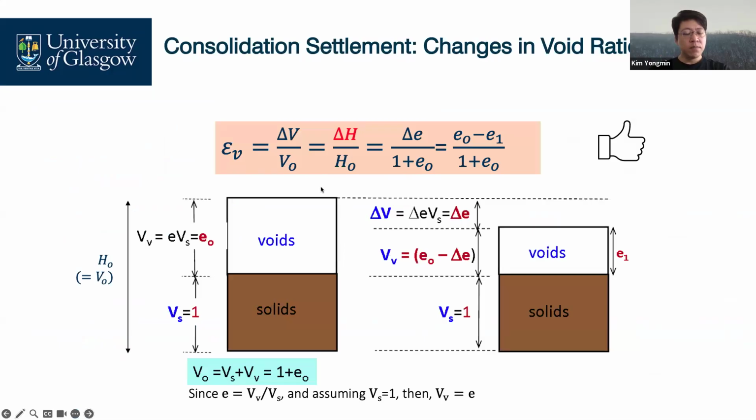And then the volume change can be represented by height change. H0 is the initial height of the soil specimen. Delta H is the change in your height, which can be represented by delta e over 1 plus initial void ratio.